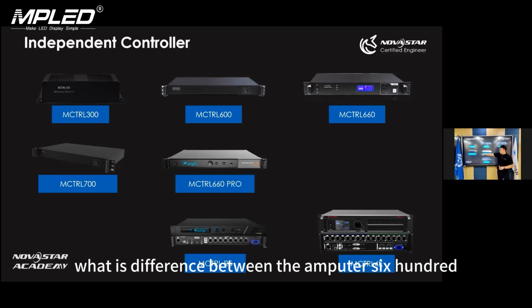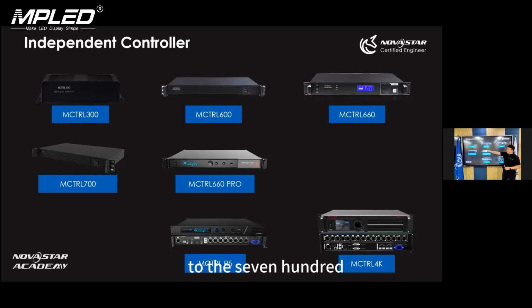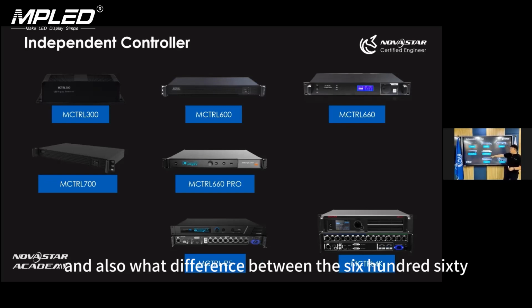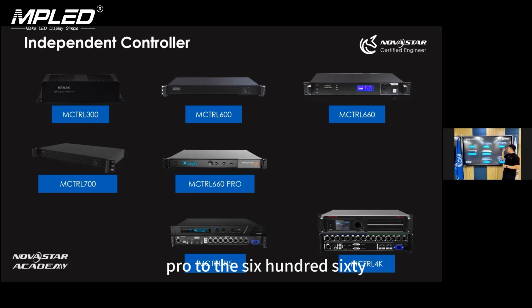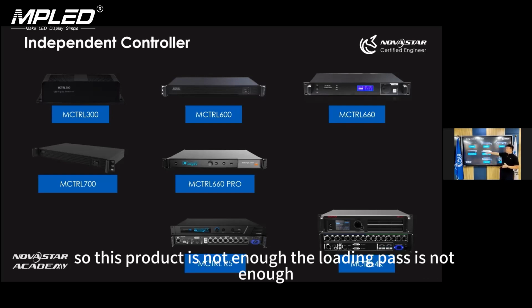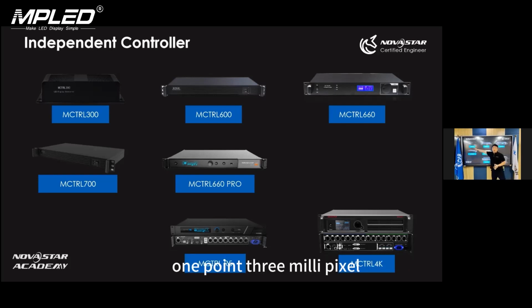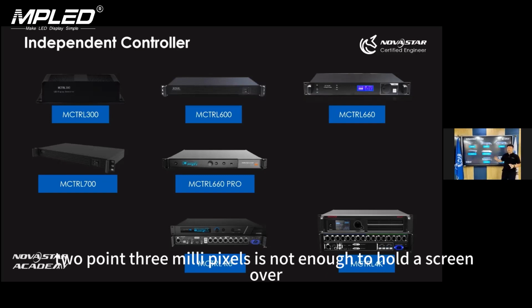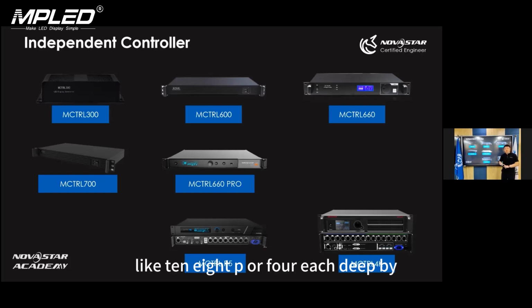What is the difference between the M Control 600 and the 700, and also what's the difference between the 660 Pro and the 660? And as the pixel pitch becomes smaller and smaller, the screen resolution has become bigger and bigger. So these products are not enough. The loading capacity is not enough. 1.3 million pixels, 2.3 million pixels is not enough to hold a screen over 1080p or Full HD, right?